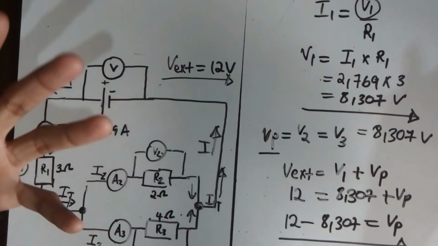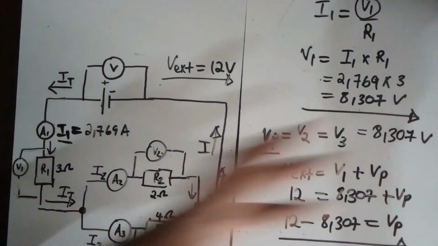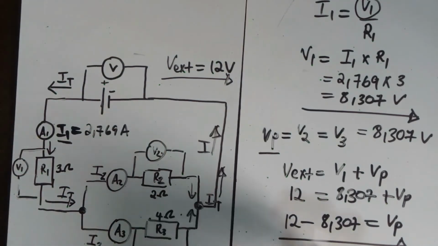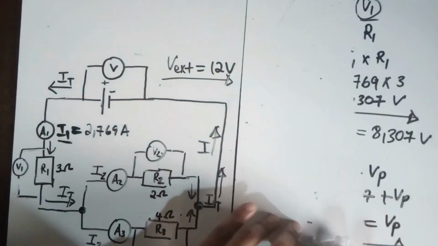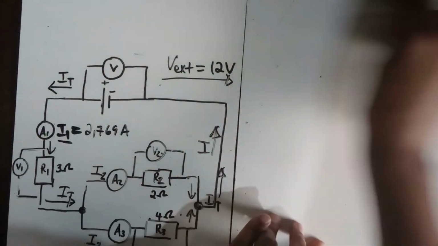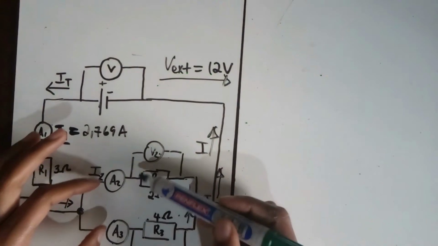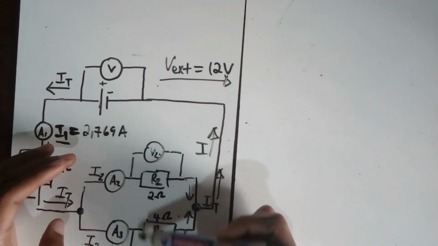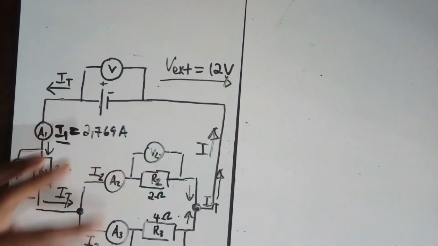So now that we have found what Vp is, we can proceed by finding the reading on this ammeter here as well as the reading on this ammeter over here. So how do we do that? Let me just wipe this. Remember, these two resistors are now in two separate branches.